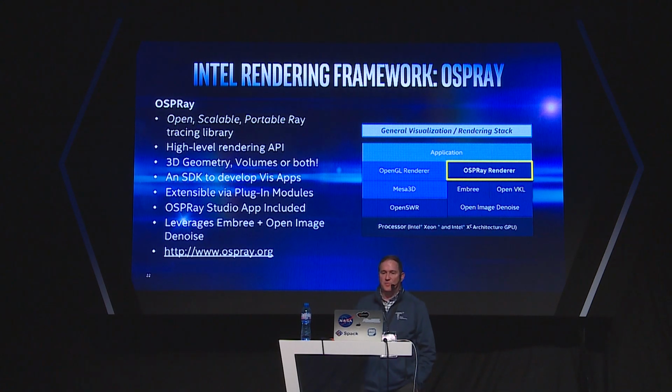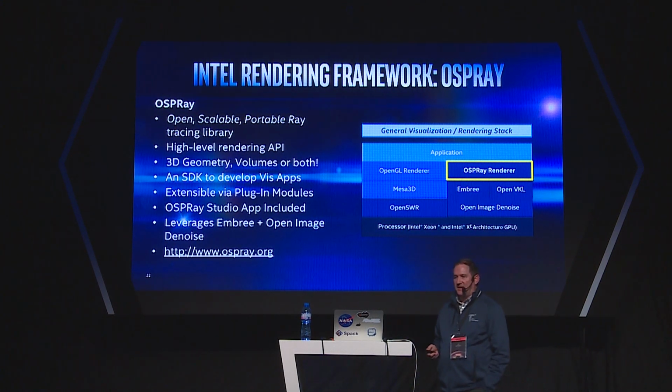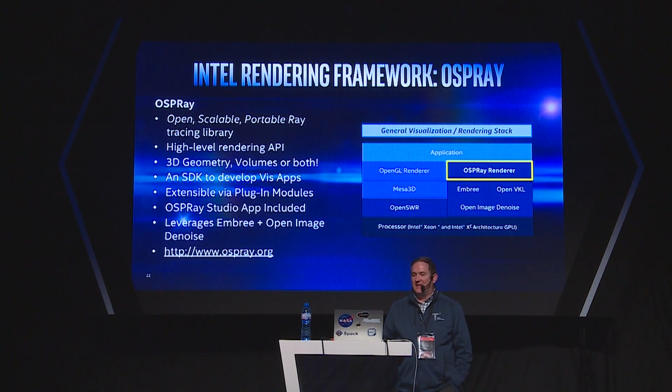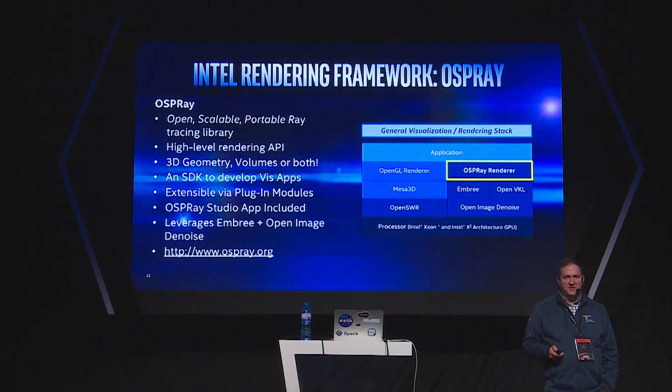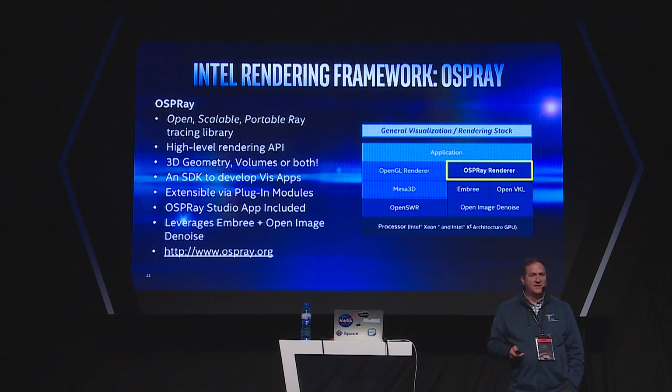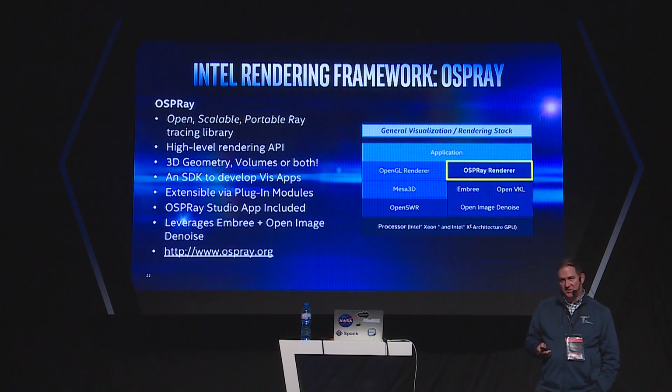So it stands for Open Scalable Portable Ray Tracing Library. Don't tell the Intel branding people that because they don't like things that actually say words, but I got it through. It is a higher level rendering API. You can think of it as the ray tracing API equivalent to OpenGL. That's how you would approach it.